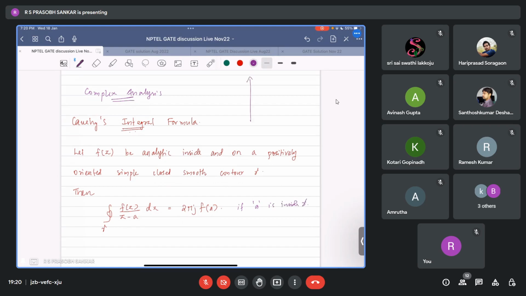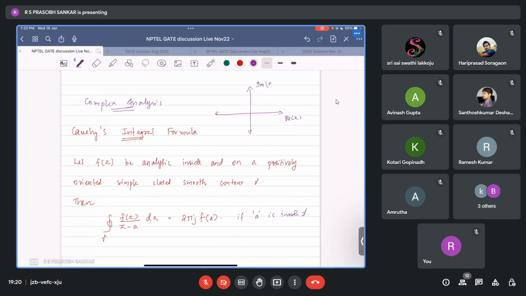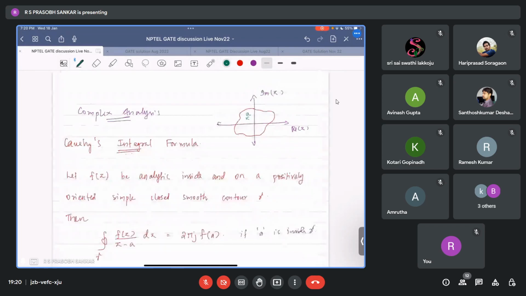What this statement is telling is that in the complex plane we have real z, imaginary z, and we have some closed curve, and there is a point somewhere. In the theorem, there are so many words like smooth, which of course means smooth in the usual sense.